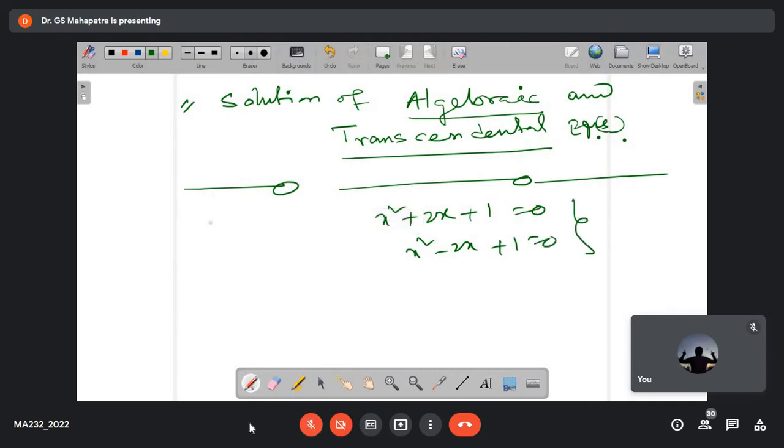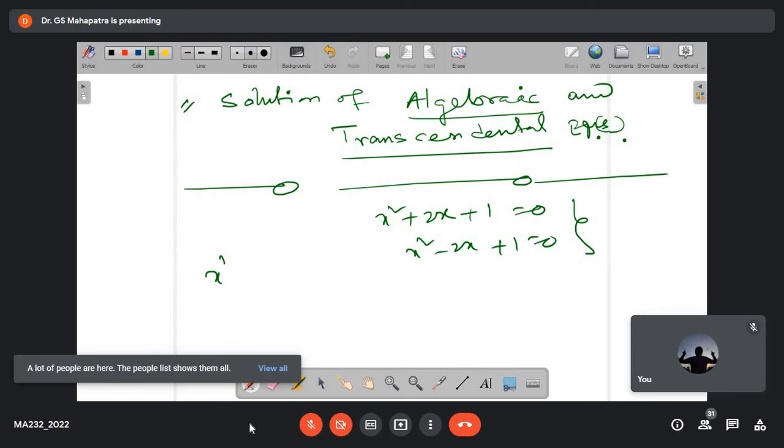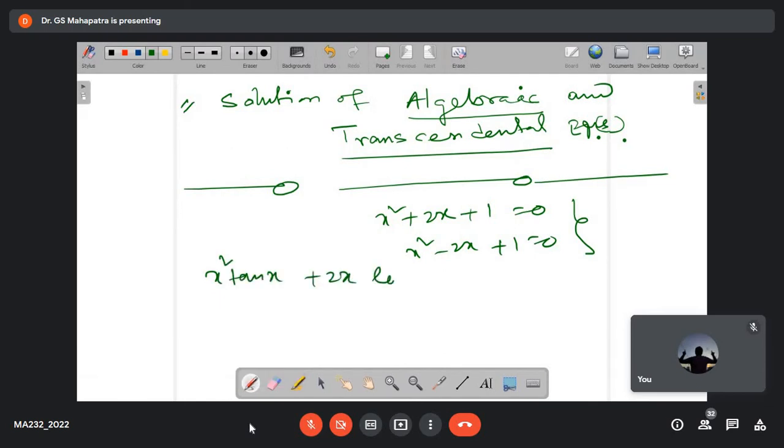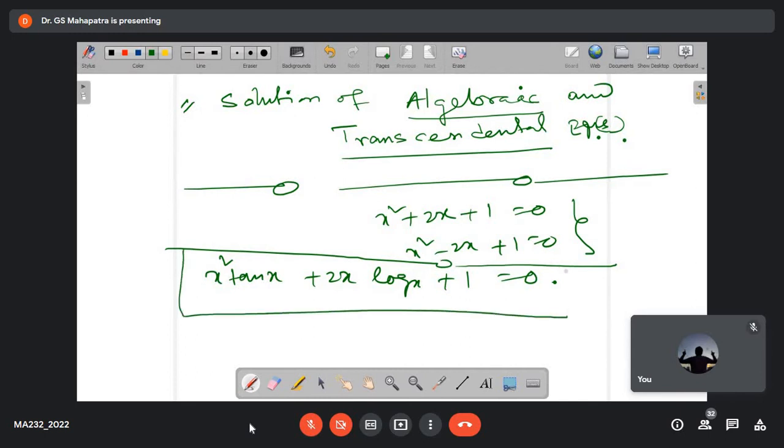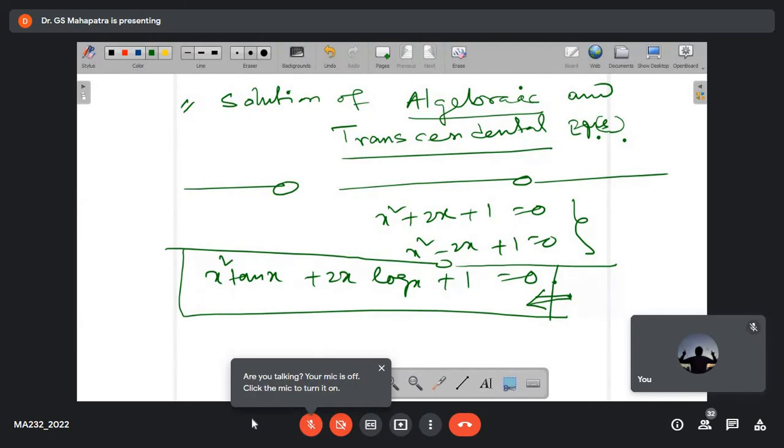Now if we consider this type of equation, plus 2x log of x plus 1 equals to 0, it will be a problem for us to solve using the traditional methods. But we need a solution for different applications of engineering problems.